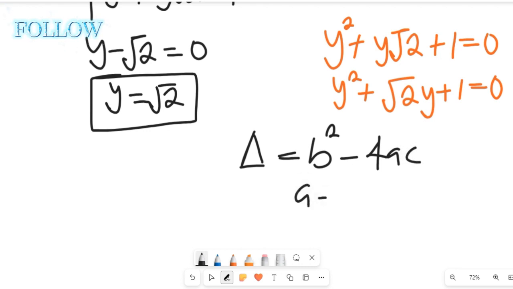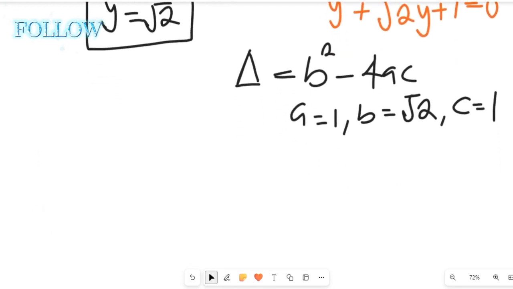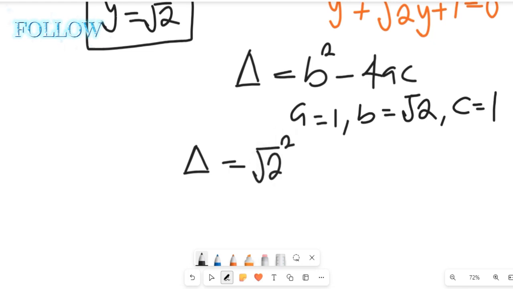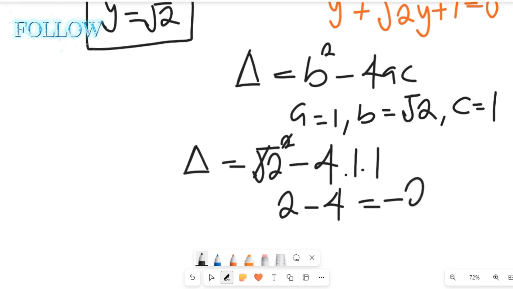Remember that our a is equal to 1, our b is equal to root 2, and our c is equal to 1. So if we apply that into that discriminant, we are going to have our discriminant to be equal to square root of 2 square minus 4 multiplied by 1 multiplied by 1. This will clear this, we'll have 2 minus 4, and 2 minus 4 is equal to negative 2, which is less than what? 0.